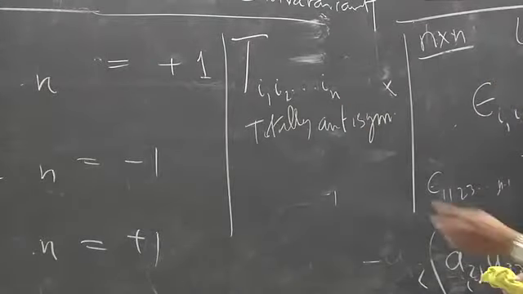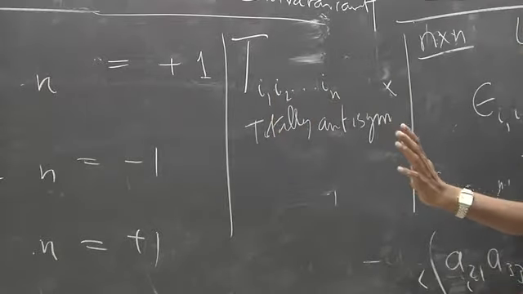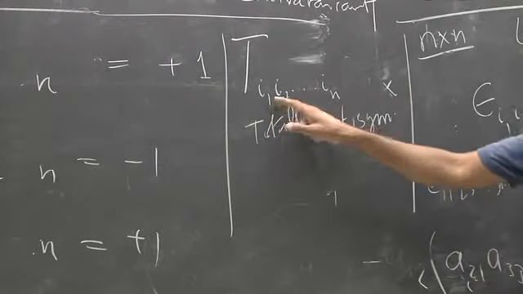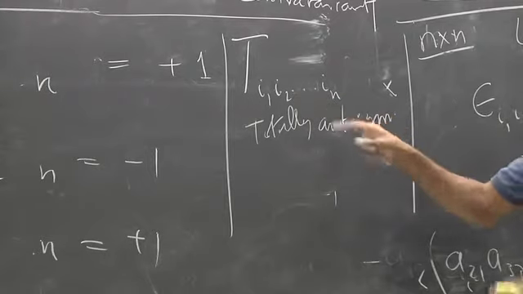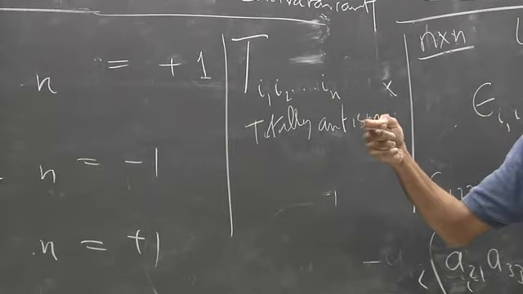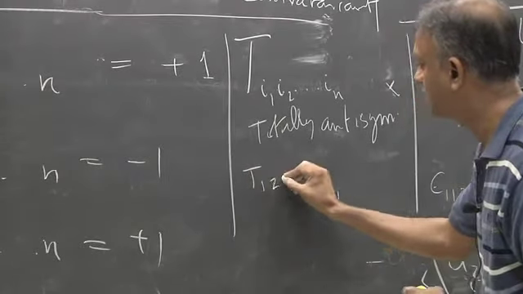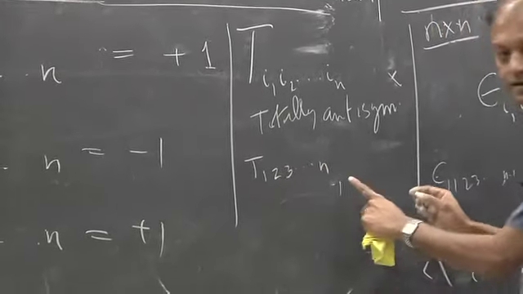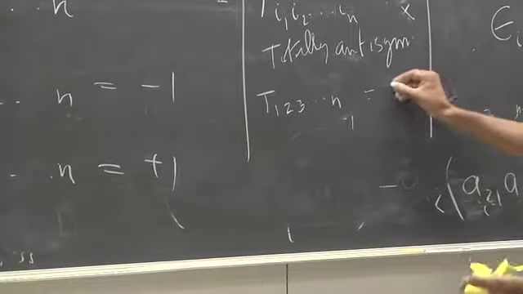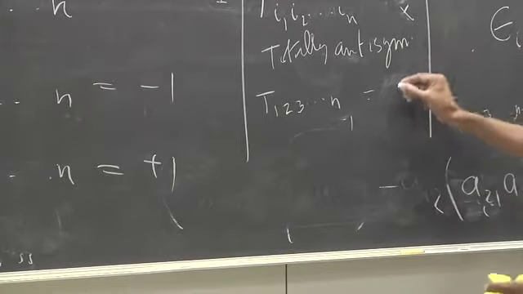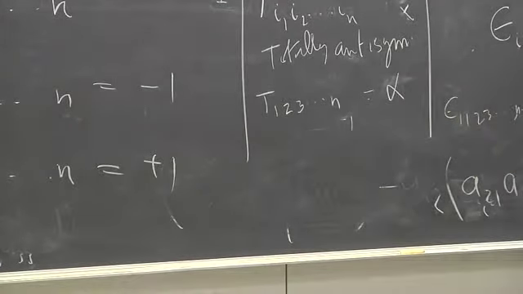Then of course any two indices equal means it's 0, right? So it has to be all different. So each integer must appear from 1 up to n. So then I just need to specify what this value is, 1, 2, 3 up to n in this order. It will be some number. Whatever, let me call it alpha.